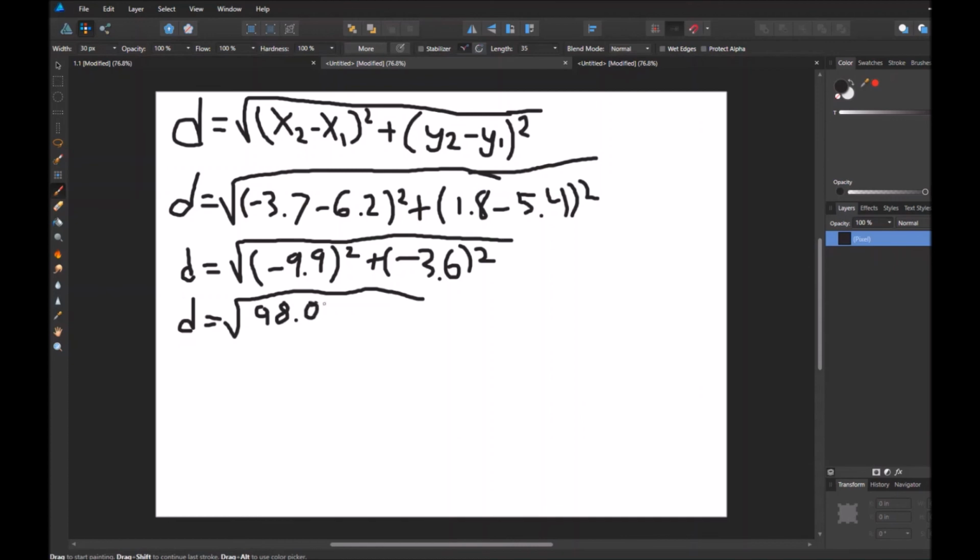And then -3.6 squared is going to be 12.96. So 12.96 plus 98.01 is 110.97.